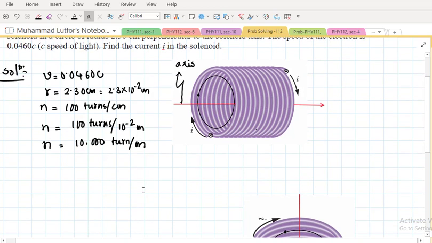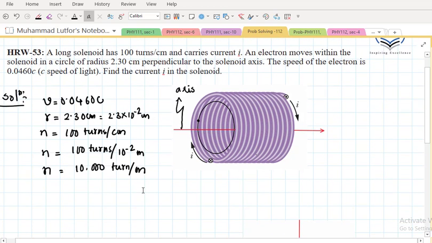Fine. Due to the current in the wire of the solenoid, it will create a magnetic field inside the solenoid, and the direction of that magnetic field would be rightward. If you put your thumb in the direction of the current and rotate, the rest of the fingers give you the direction of the magnetic field.